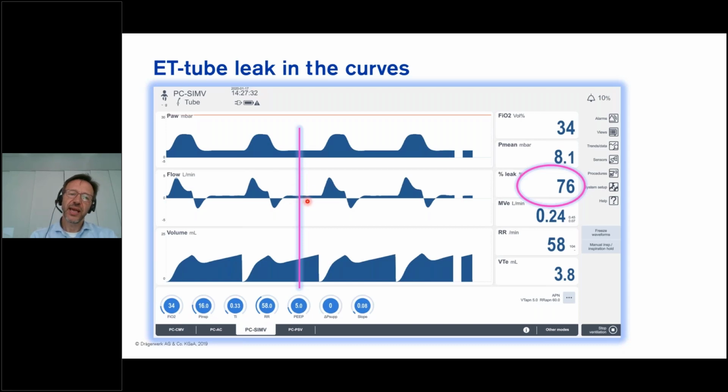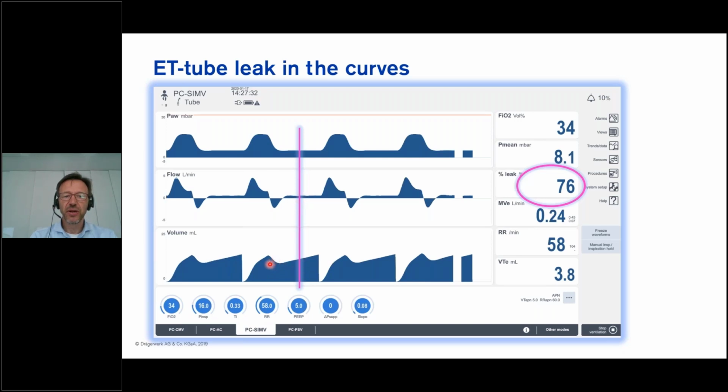We see at the end of an expiration that we still see positive flow. This means, per definition, a flow which is entering the lung. But in reality, we know that this flow is not entering the lung. This flow is going towards the patient, but is leaving the airways through the leak. However, this flow is measured and it's also integrated.